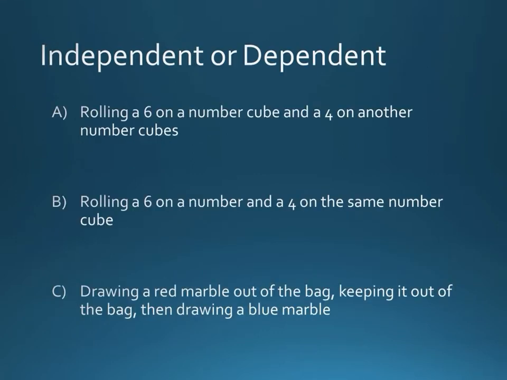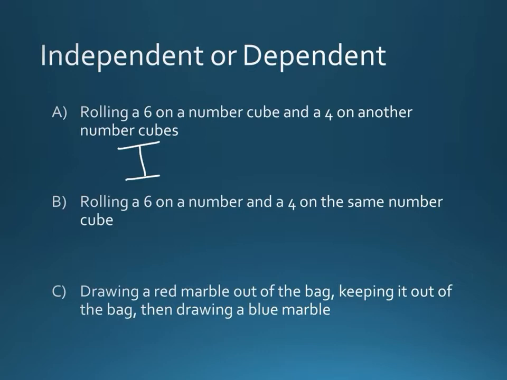So let's figure out, is this an independent event or a dependent event? Rolling a 6 on a number cube and rolling a 4 on another number cube. Well, if I roll a 6, the 4 has nothing to do with the first number cube. So these are independent events. Rolling a 6 on a number cube and a 4 on the same number cube. My odds of rolling a 4 do not change based on the number that I rolled before it.